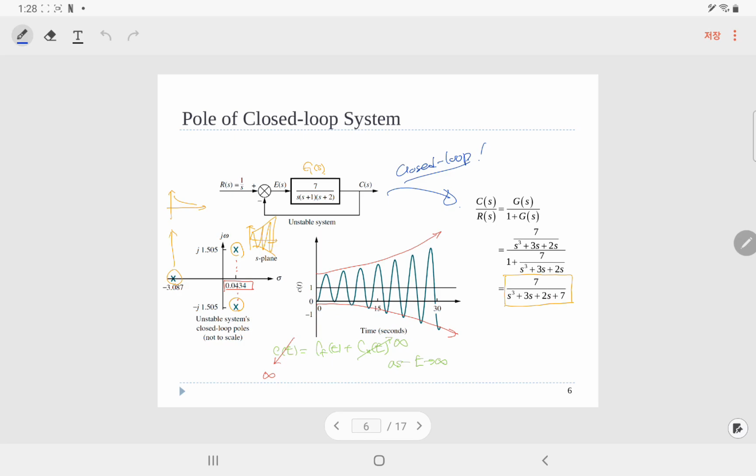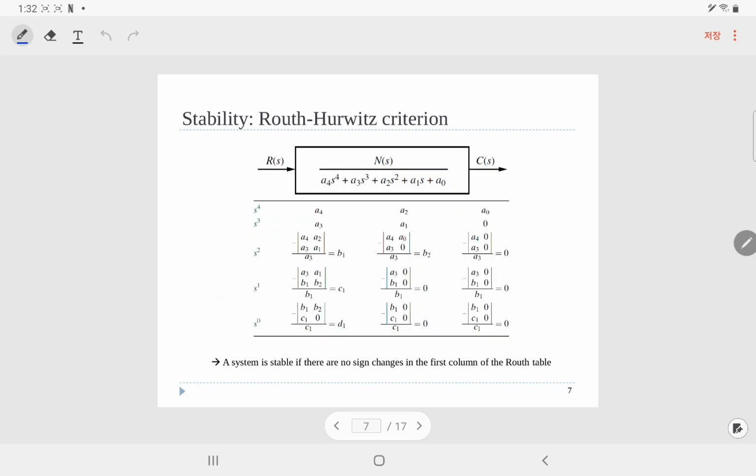However, sometimes we need another method to test for stability without having to solve for the roots, the poles of the closed loop transfer functions. So next, I will talk about a method that produces stability information without solving the closed loop system for the closed loop poles.